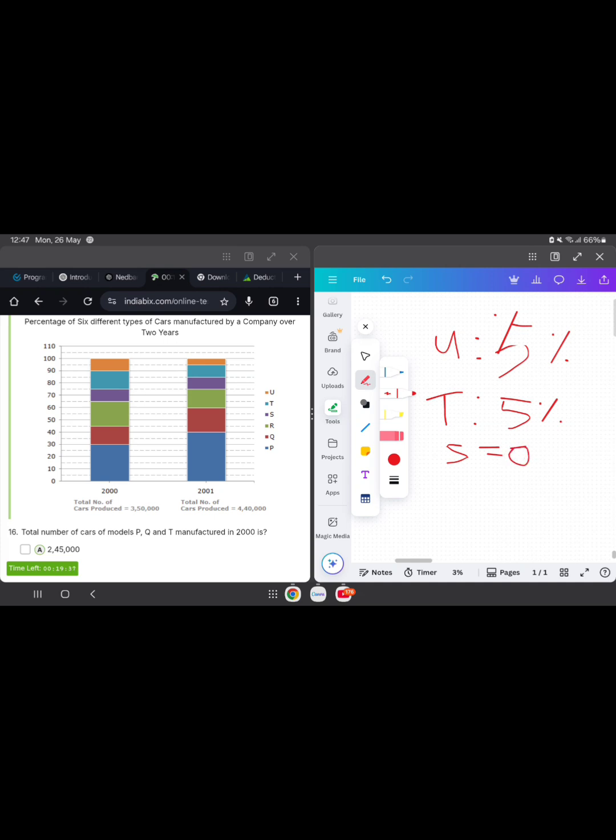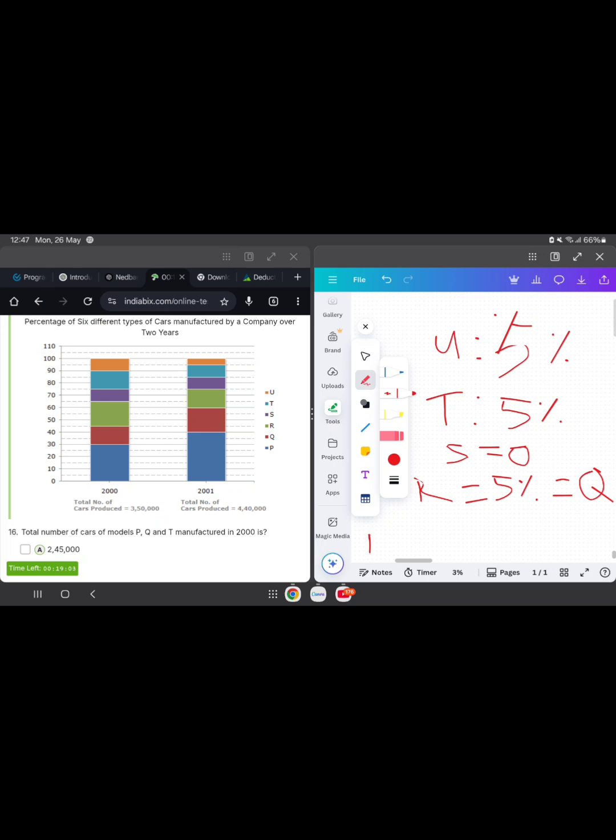Okay, and then for R, we've got 65 minus 45, which is 20%, to 15%, so the change is 5%. And then for Q, we are moving from 15%, which is 45% minus 30%, to 20%. So the change is also 5%.